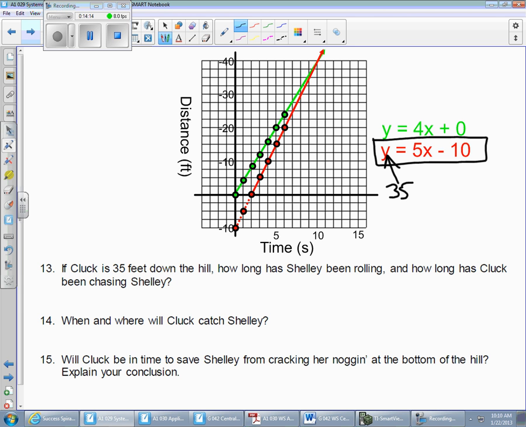How long has Shelley been rolling? Okay, well, I don't know. They give us information about Cluck, and then they ask us about Shelley. So we probably better figure out whatever we can about Cluck and then see how that applies to Shelley, the egg. Okay, so let's see what we've got there.